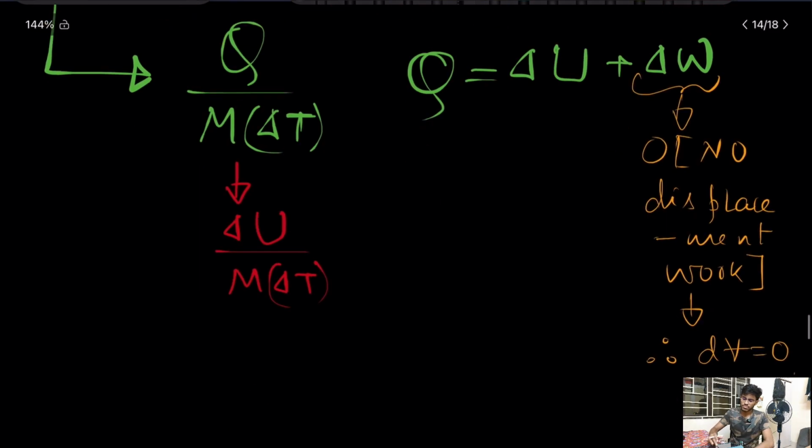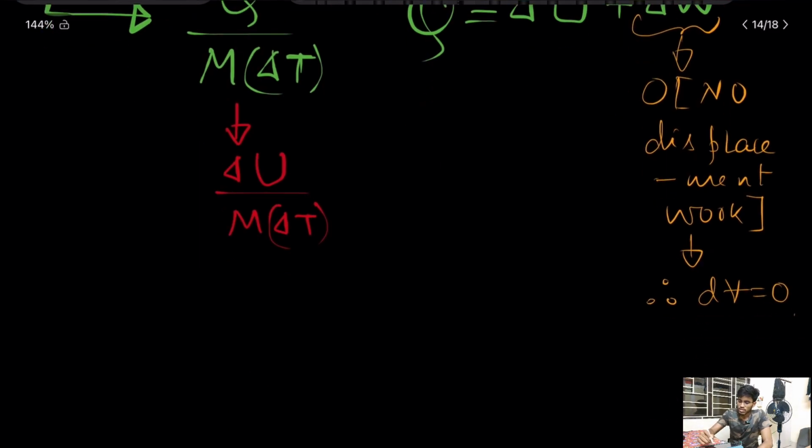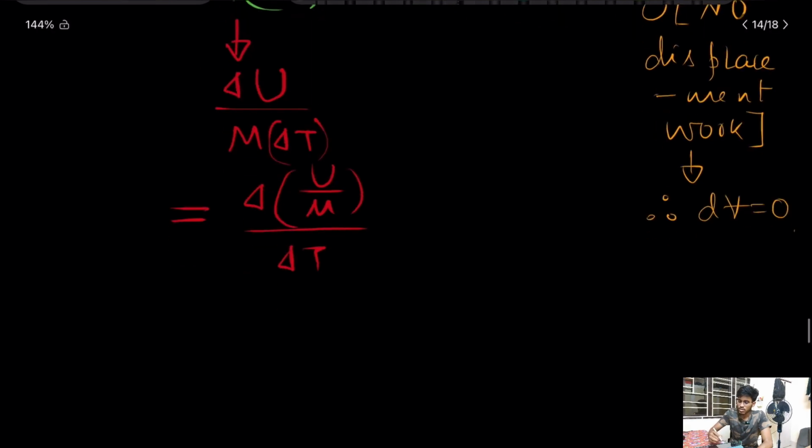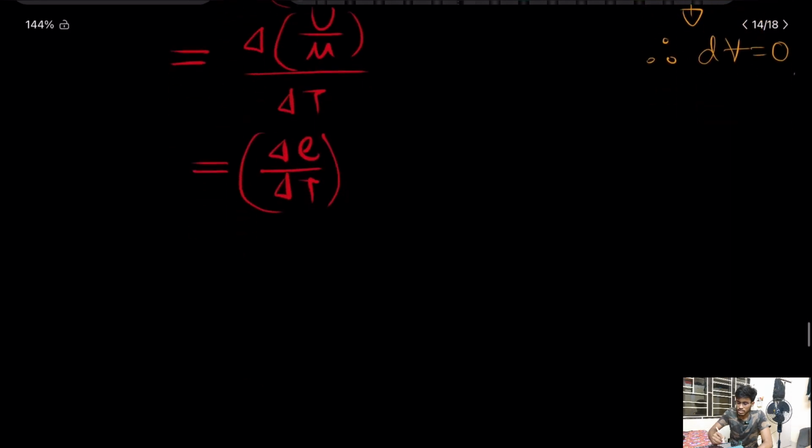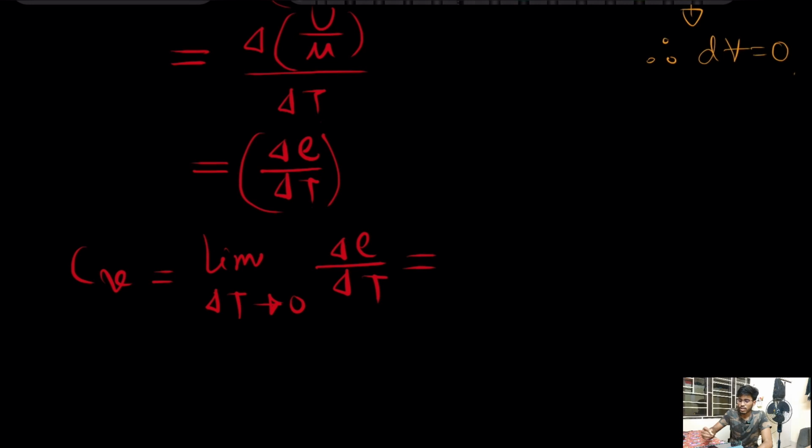So now this is equal to what? Now I can write this as del U by M, by delta T. So this is nothing but del E by del T. The definition is actually the limit delta T tends to 0 of del E by del T, and that is nothing but dE/dT.